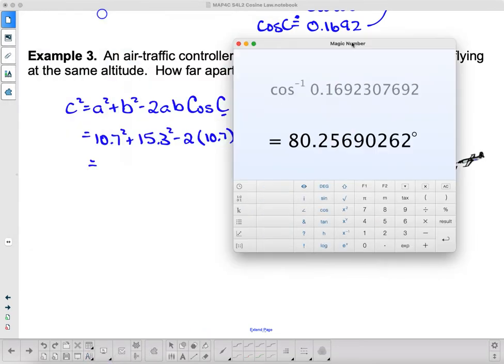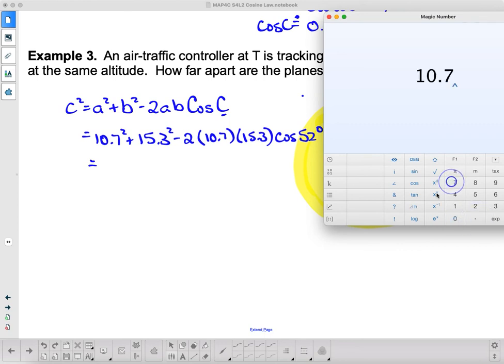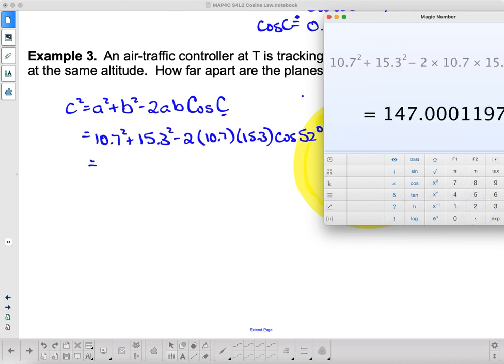So we're going to punch in this here. Clear it. So 10.7 squared plus 15.3 squared minus 2 times 10.7 times 15.3 times the cos of 52, and hit equals.